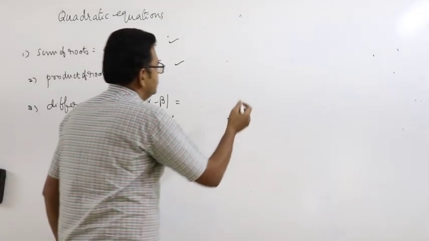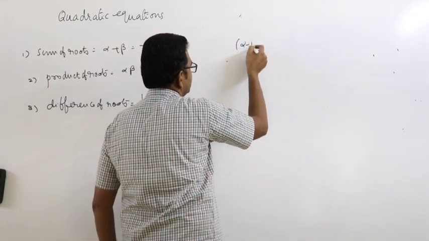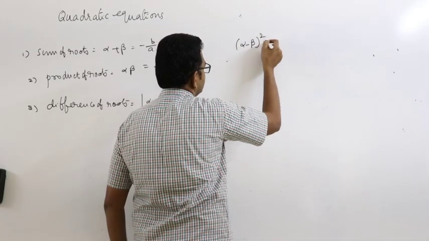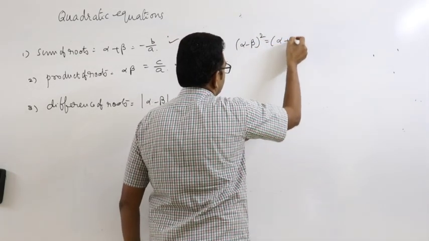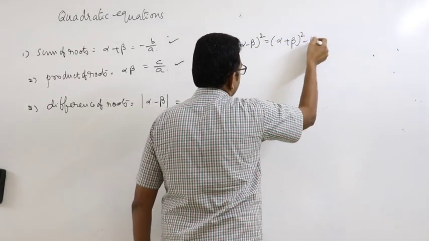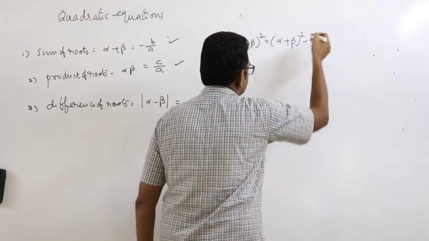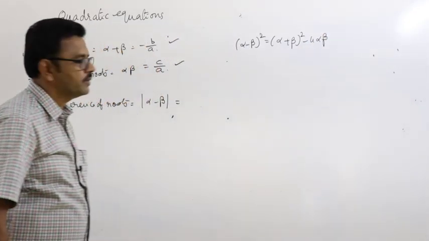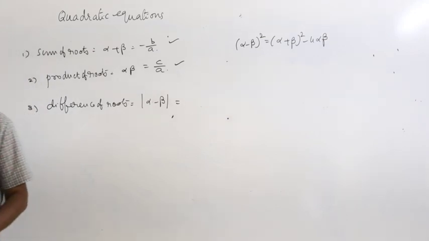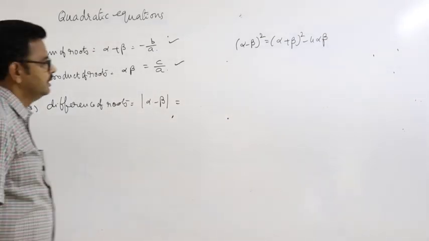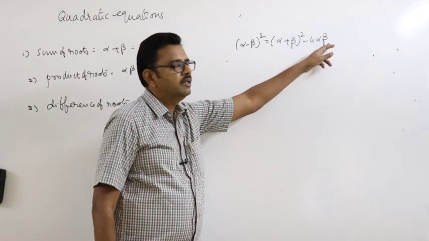See here, you know that alpha minus beta whole square is equal to alpha plus beta whole square minus 4 alpha beta. These are all from algebraic identities. Already we discussed earlier all these things.